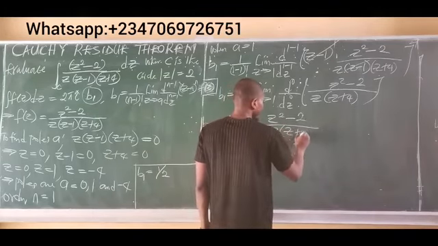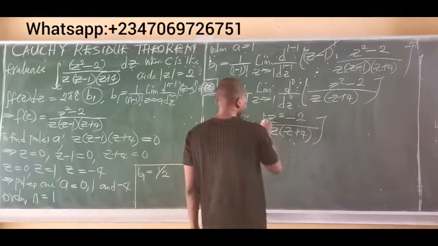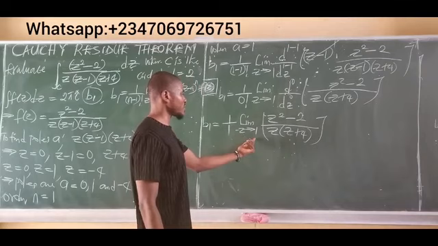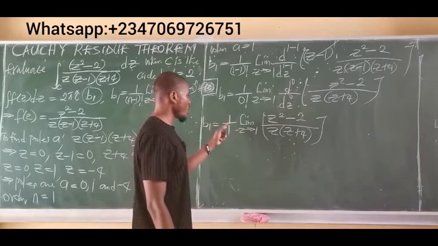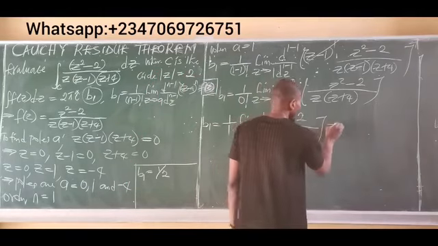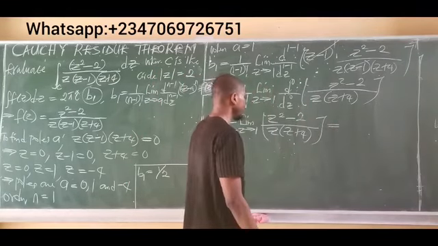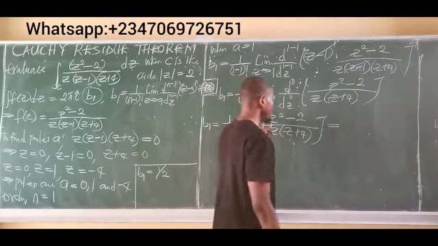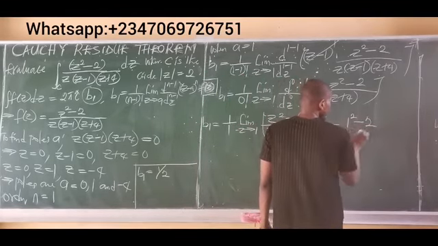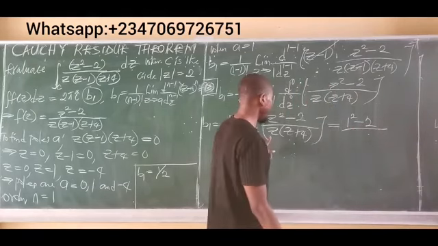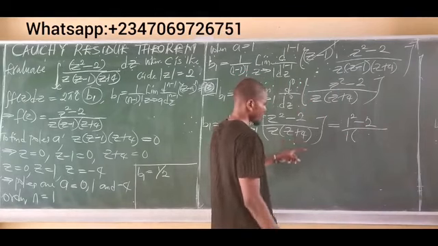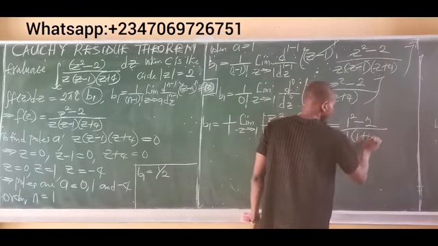So this simply means wherever you see z, put in the value 1, limit as z tends to 1. 1 over 1 is 1, 1 times this, everything there remains. So let's now substitute the value of z as 1. I have z squared minus 2, in place of z, z is 1, so this is 1 squared minus 2 all over z, and z is 1, into z plus 4, 1 plus 4.